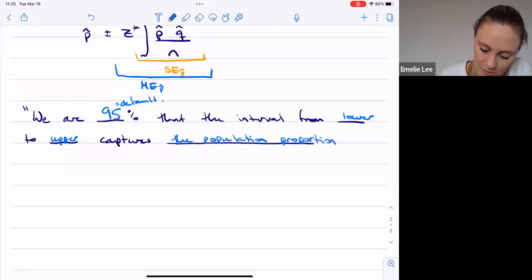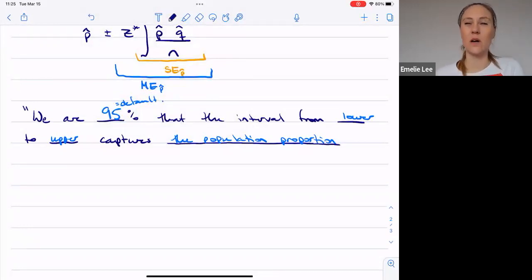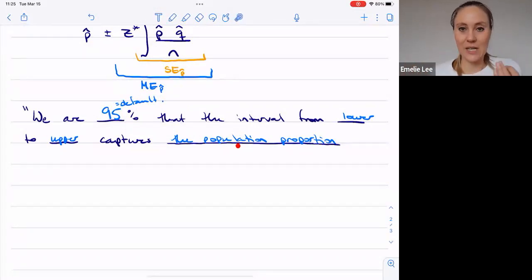The example that we had at one point when we were doing the confidence intervals was what proportion of Canadian adults have an RRSP. So now we're saying, okay, our 95% confidence interval, we're 95% confident that this interval, can't remember what it was, that's okay, captures the true population proportion of Canadian adults who have an RRSP.